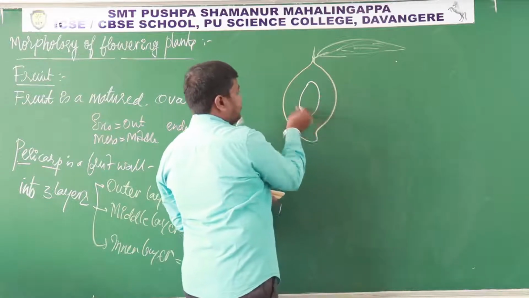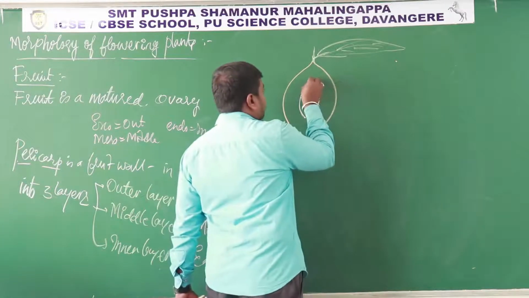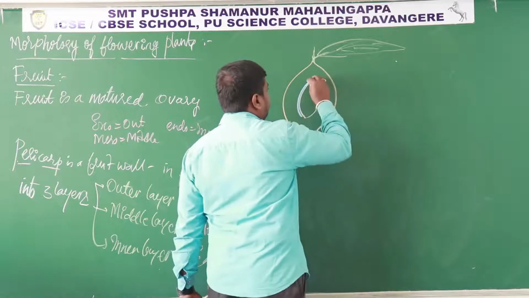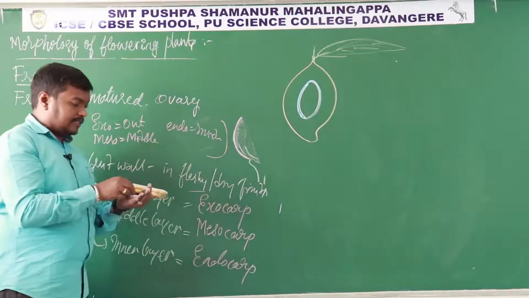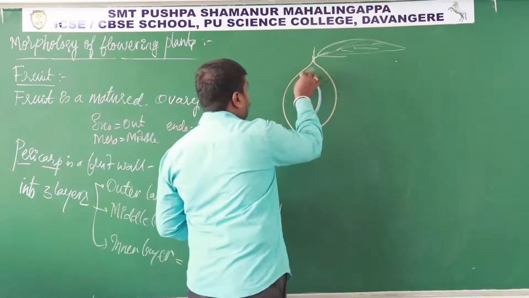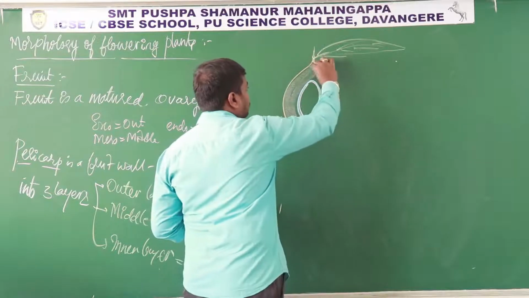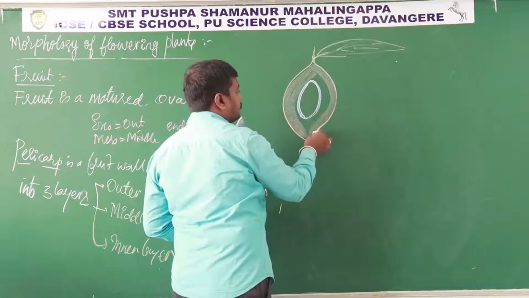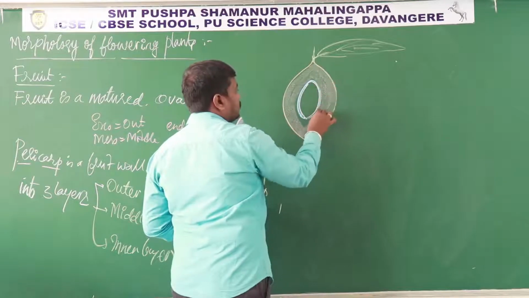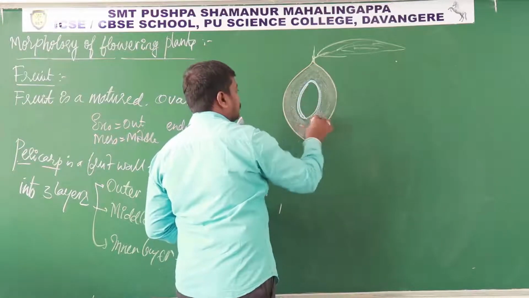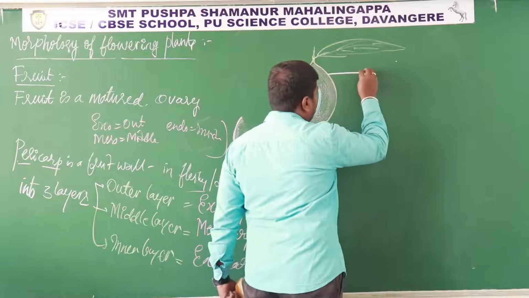We call it the seed, in Kannada we say ote. And this is the whole edible part. So this is the outermost fruit layer.